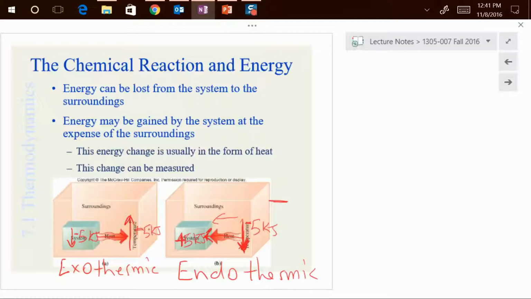Here it's being absorbed, and so this is being released from the surroundings and absorbed by the system. Okay? So the sign is opposite between the system and the surroundings. This is an important concept that we need to try to understand. The system and the surroundings have opposite signs.